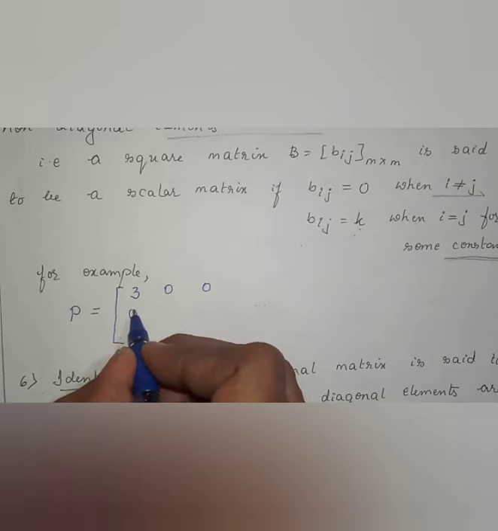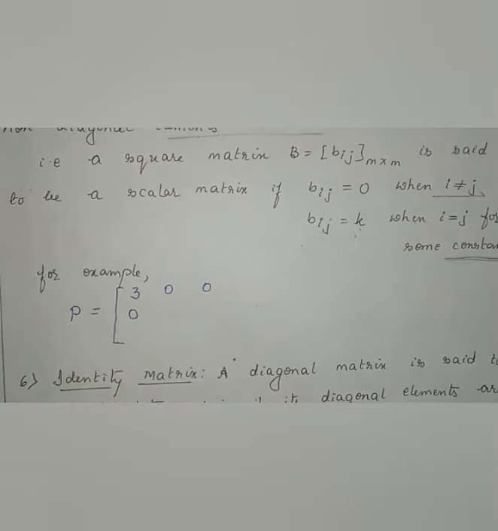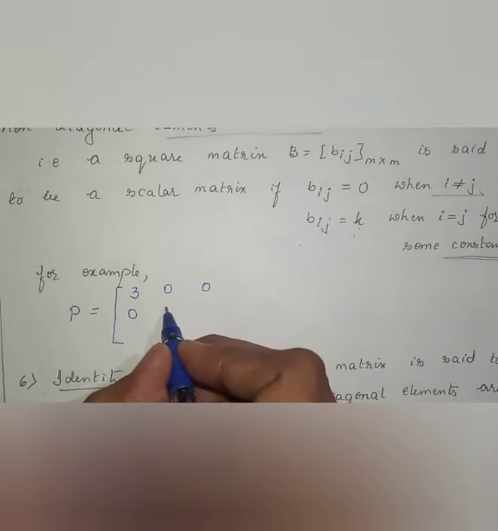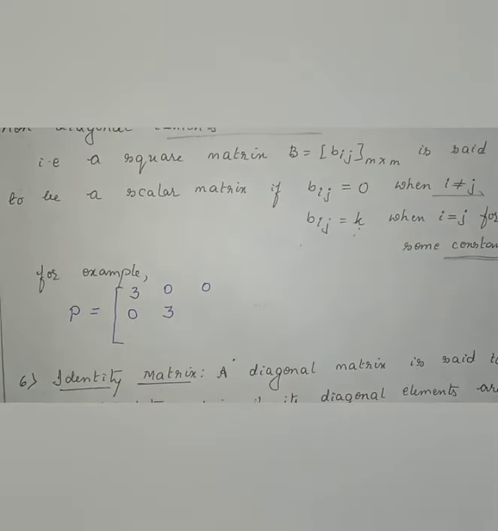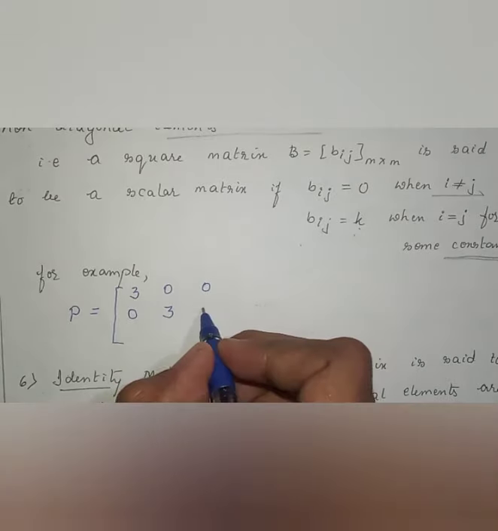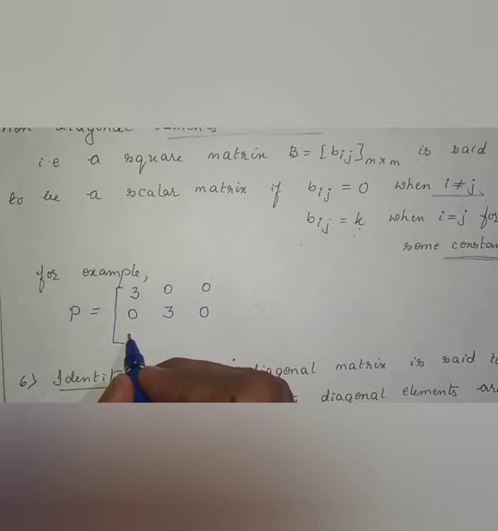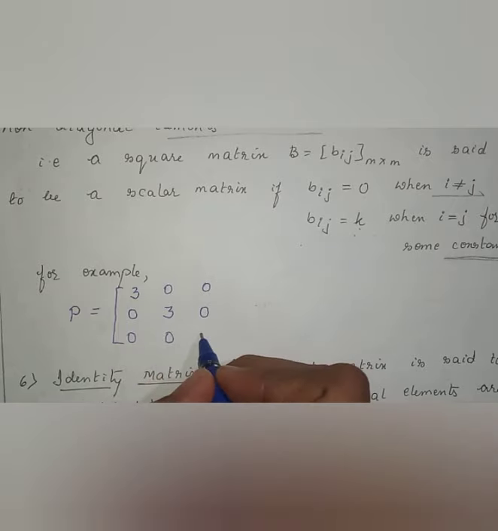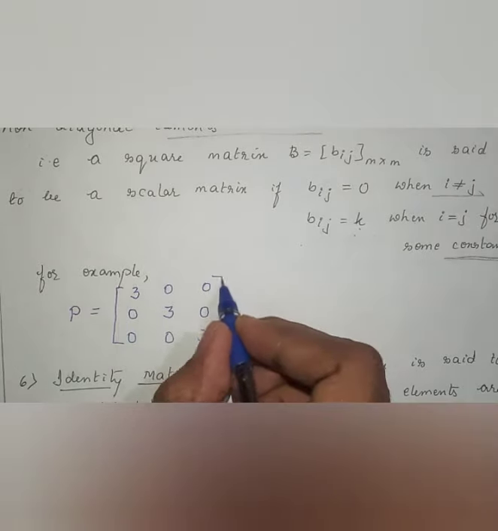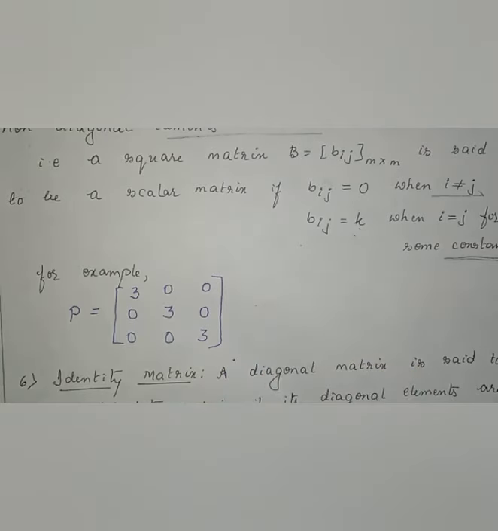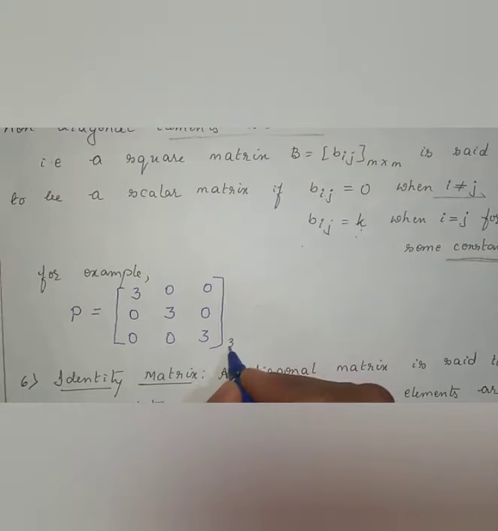Next, in the second row, the first entry should be 0. The second entry is the diagonal entry, I have to write 3 itself. Then 0, 0, 0 and the last entry should be 3. So this is an example for a scalar matrix of order 3 by 3.